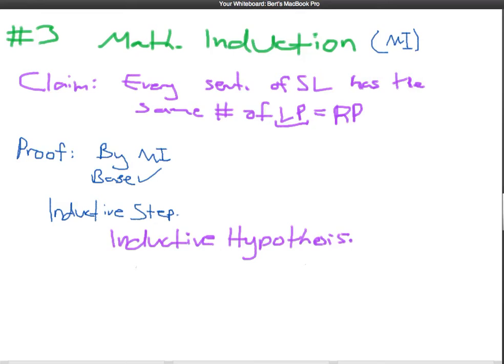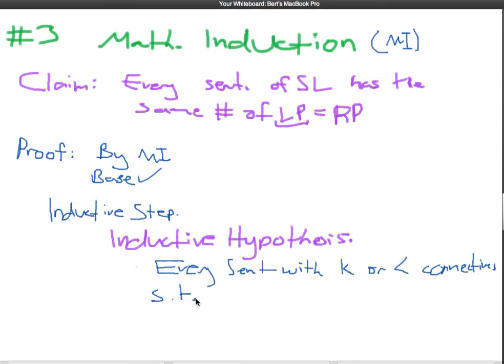And the inductive hypothesis says that every sentence with k or less connectives are such that, so ST here is just such that, the number of left parentheses equals the number of right parentheses. So that's my inductive hypothesis.